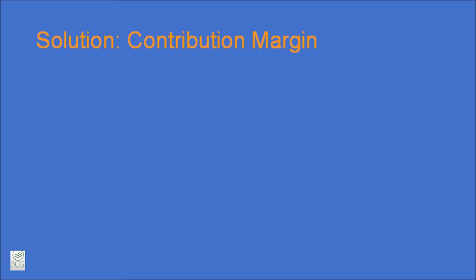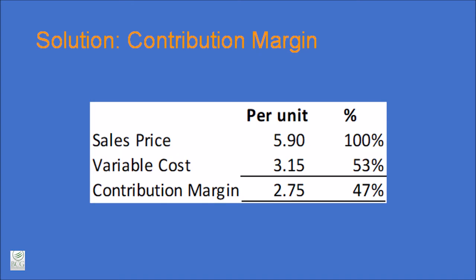And the sum of all those things, we will get a variable cost of 3.15 pesos, and the difference between the selling price and the variable cost will be the contribution margin of 2.75 pesos. Now divide it to get the contribution margin in percentage. Contribution margin divided by selling price will equal 47%. Now the solution is presented here. Now let's move on to the next.